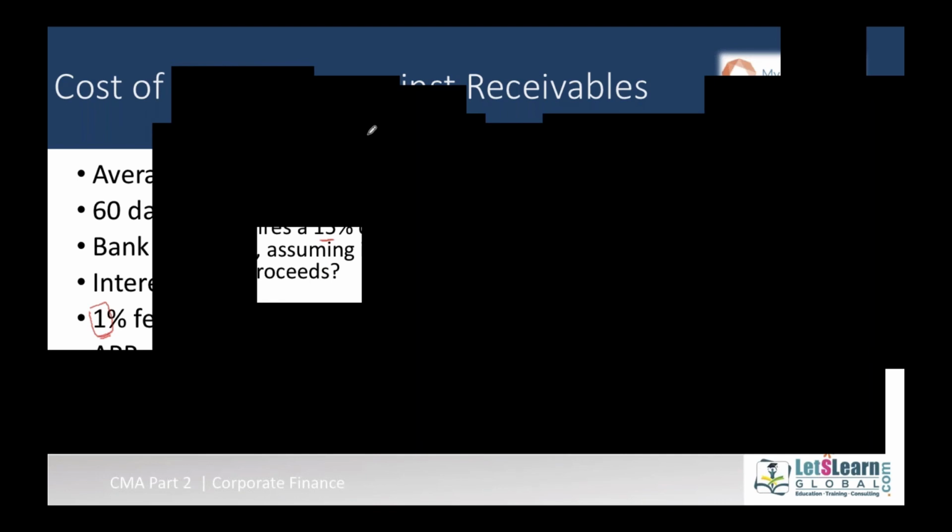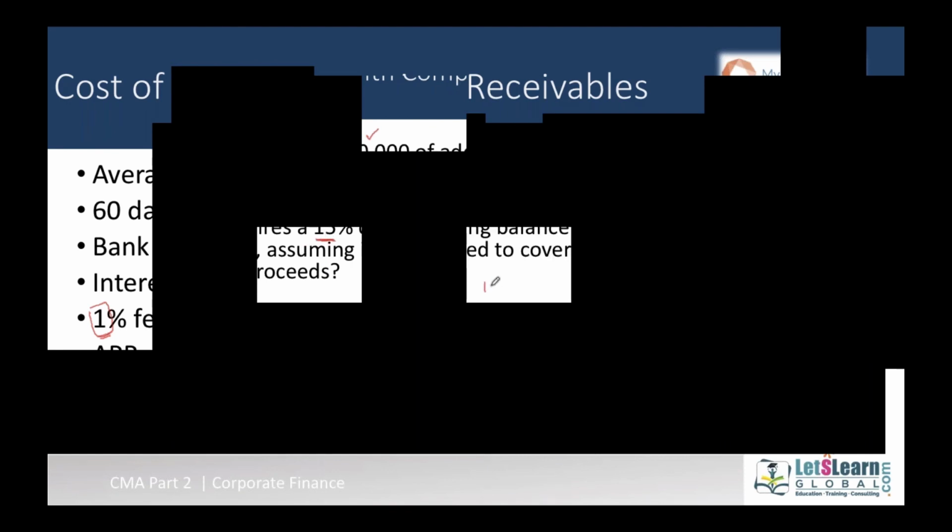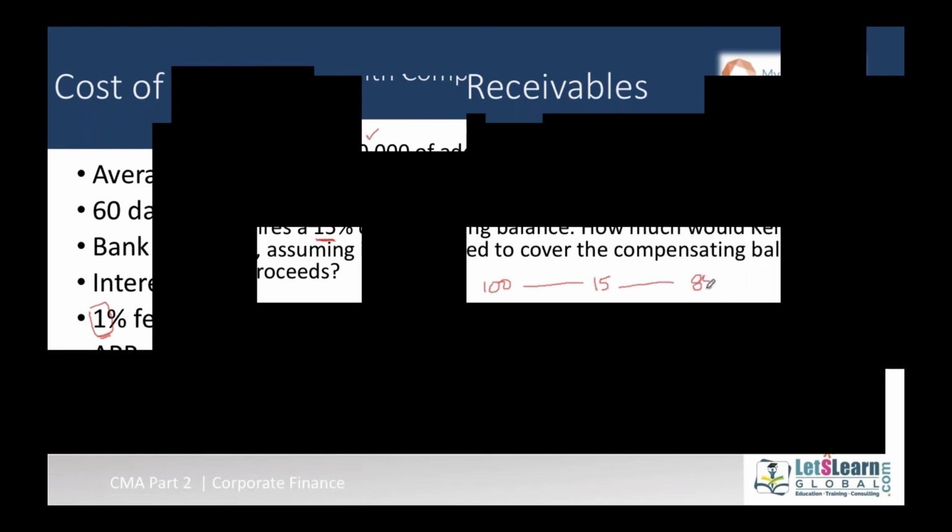So here 150,000 is the loan amount required. The financial institution is maintaining a compensating balance of 15%. What does it mean? If I borrow $100 of loan, the compensating balance held by the bank is $15, and I'll be receiving only $85.